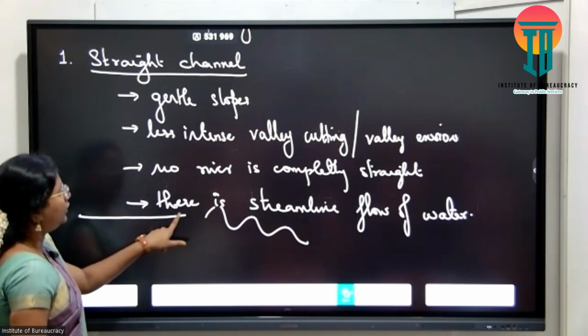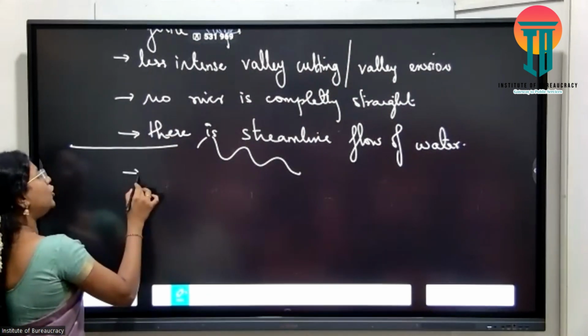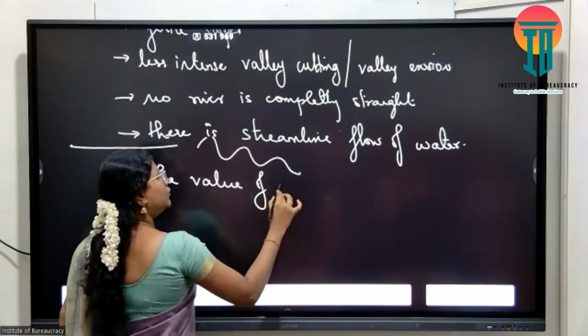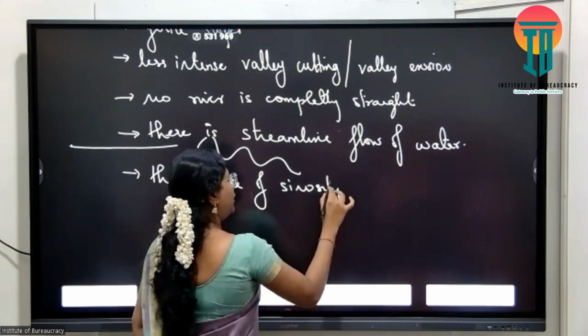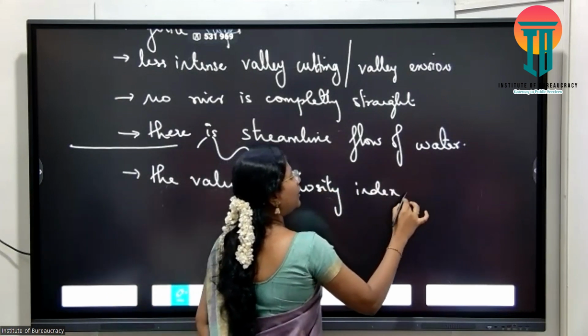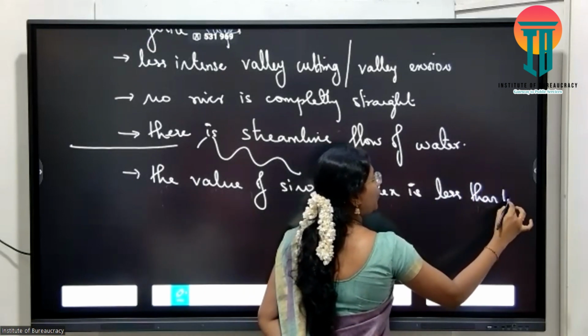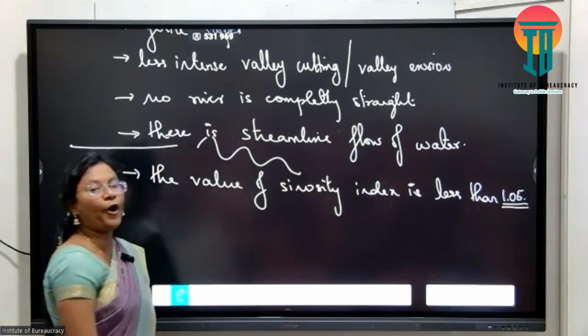Okay. The sinuosity index, the value of sinuosity index is less than 1.05.